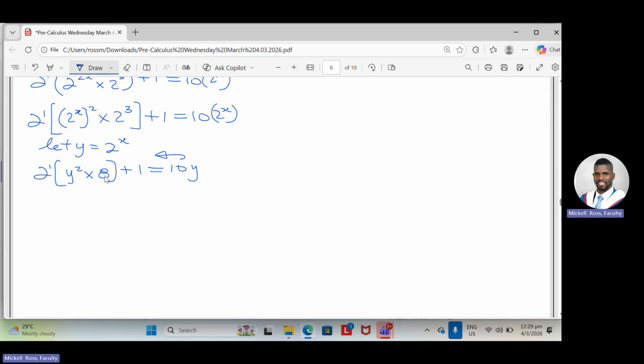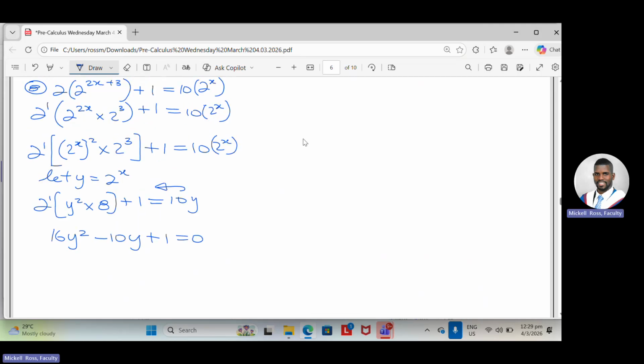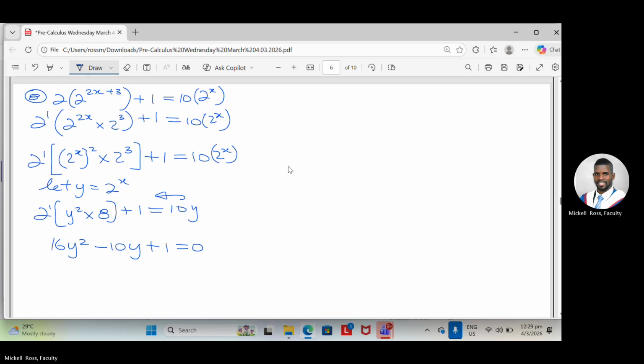So 2 times 8 is going to give us 16. So we're going to get 16y squared minus 10y plus 1 equal to 0. What do we have? We have a is equal to 16, b is equal to negative 10, and c is equal to 1. That means AC is equal to 16 times 1, 16.